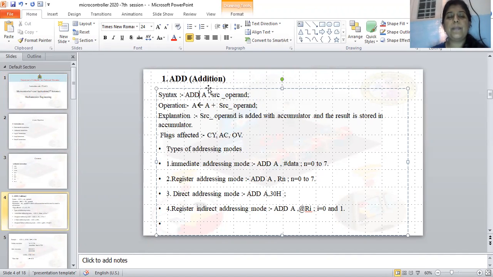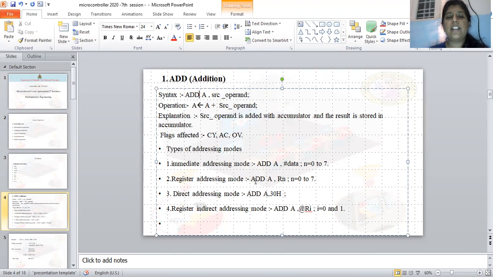Then there are examples for different types of addressing modes. They are immediate addressing mode, that is ADD A, #data. For register addressing mode, the example is ADD A, Rn, where n is equal to 0 to 7.